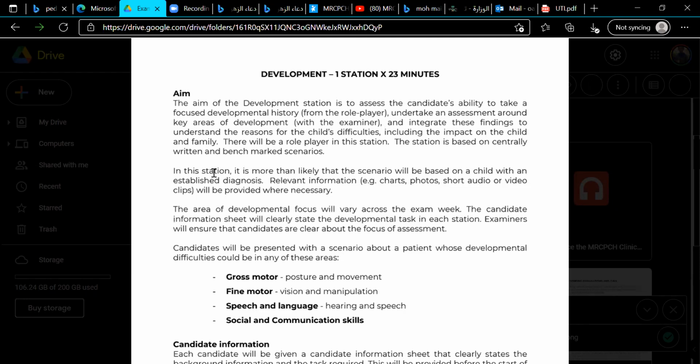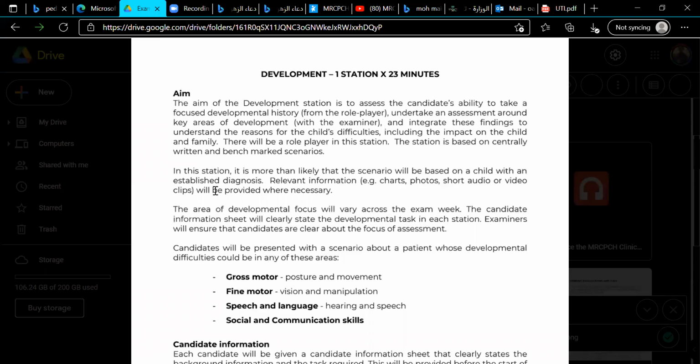The universal cues related to the scenario, either video or audio, will also be provided prior to the start of the station. And if the candidate doesn't understand the task, they can ask the examiner for clarification.